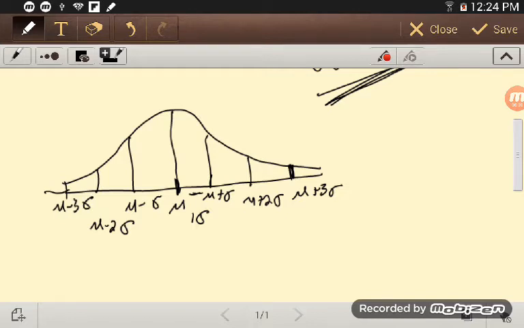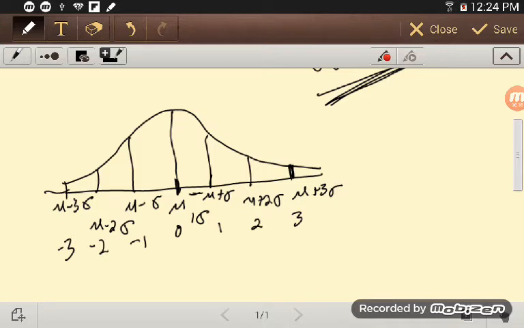If this is how I talk about the number line, with the mean being here, 0, and then how many sigma I've gone out, 1, 2, 3, or minus 1, minus 2, minus 3, the numbers are always the same as far as how much of the population is in each portion.